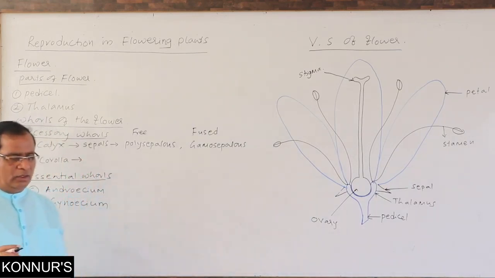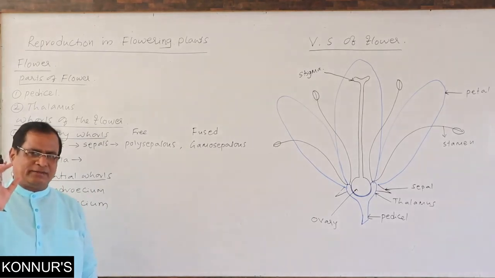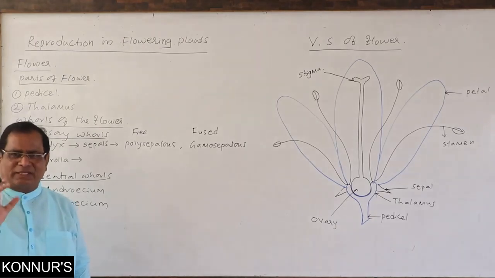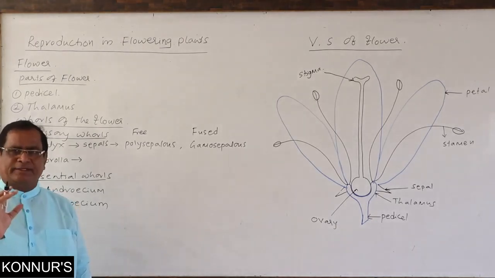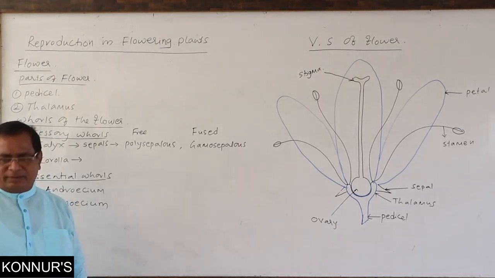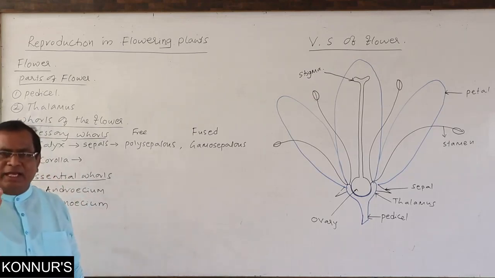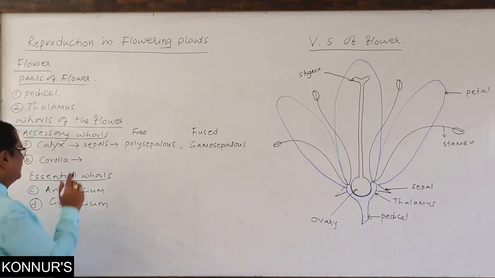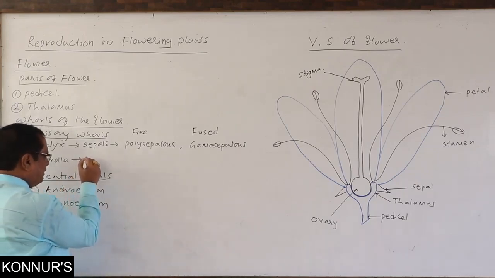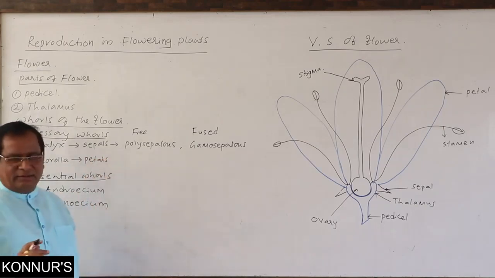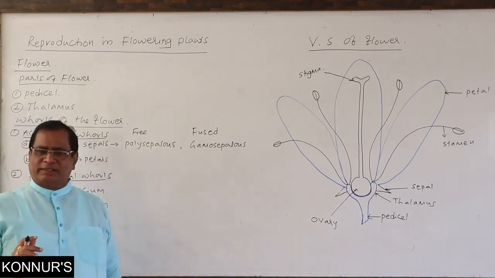Corolla is the most attractive and the most conspicuous part in the flower. And this corolla has individual units, which are named petals.